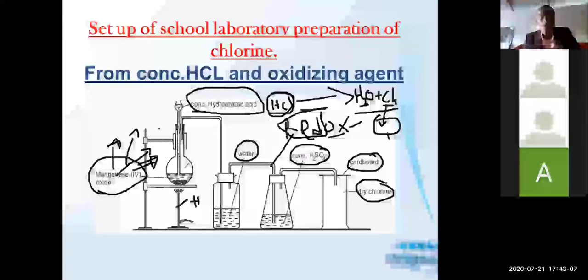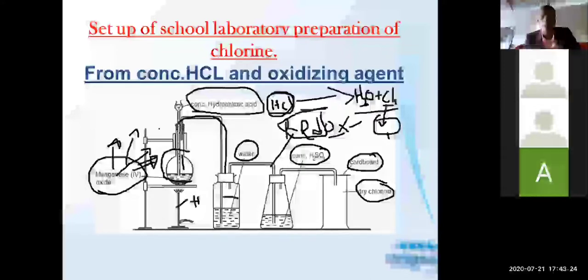So in this flask will now form the three things, that is water, manganese 2 oxide, and chlorine gas. Now all these things will pass through this delivery tube.